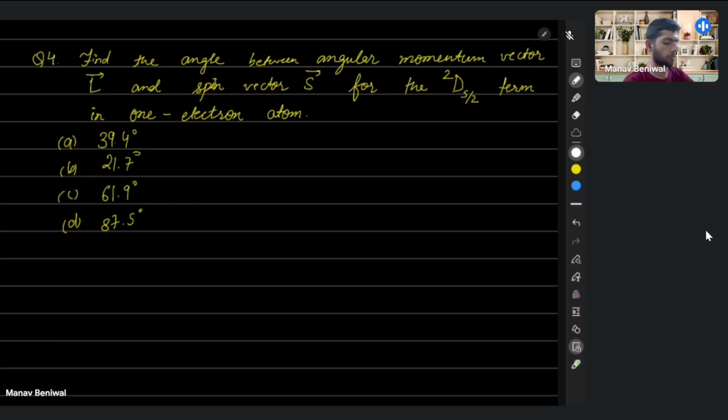So first of all, let us look at the spectroscopic term. Generally we write it as 2S plus 1, L, and J. And what is given to us? If we compare these two, the thing given to us is 2D 5/2.